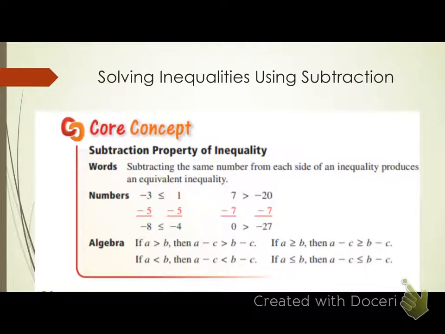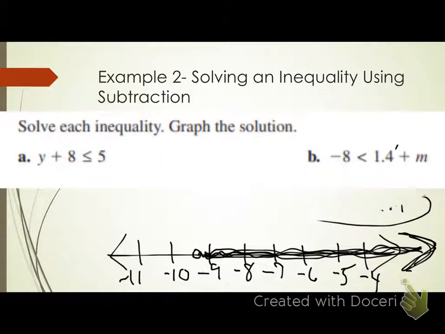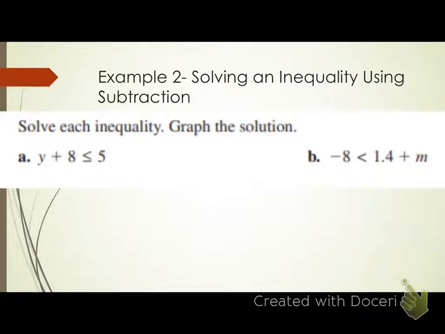Solving inequalities using subtraction. Same thing. Very similar to solving equations. If I subtract one thing from one side, I have to subtract the same thing from the other side. Okay? So let's look at letter A. y plus 8 is less than or equal to 5.